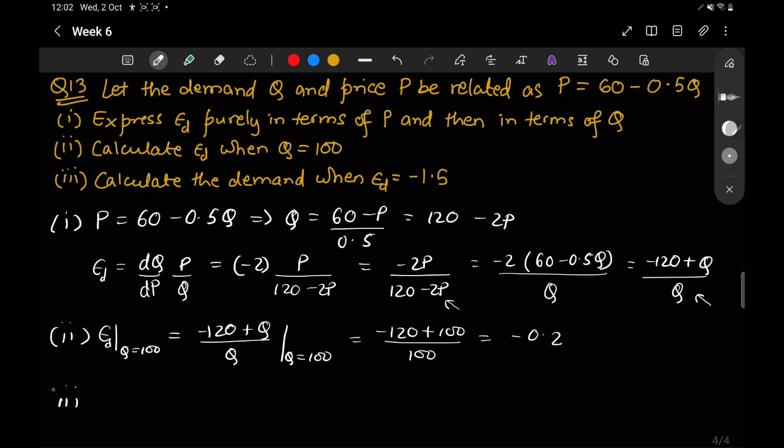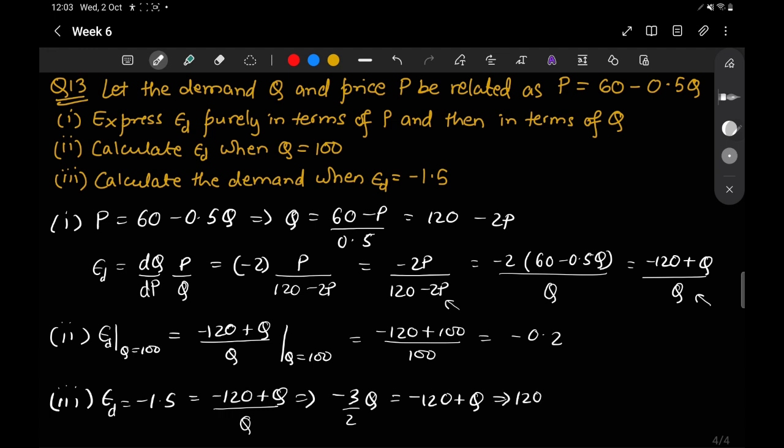And finally, the last part, we are given that epsilon D equals minus 1.5, which is minus 120 plus Q over Q. So this gives minus 3/2, that's 1.5 times Q equals minus 120 plus Q, which implies 120 equals 5/2 Q. So Q equals 120 into 2, which is 240 divided by 5.